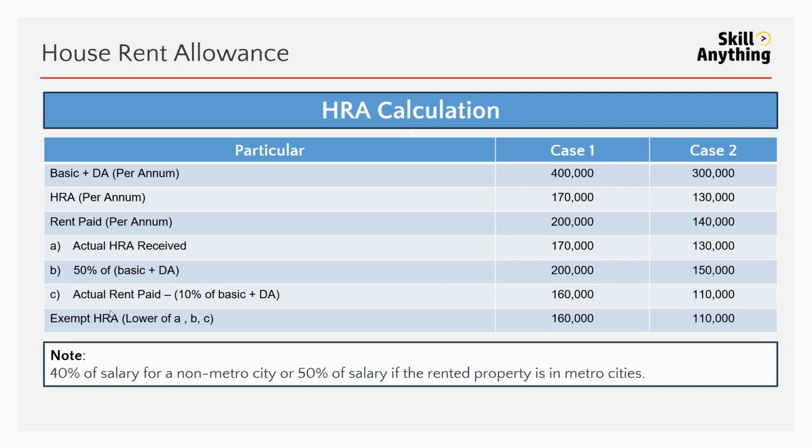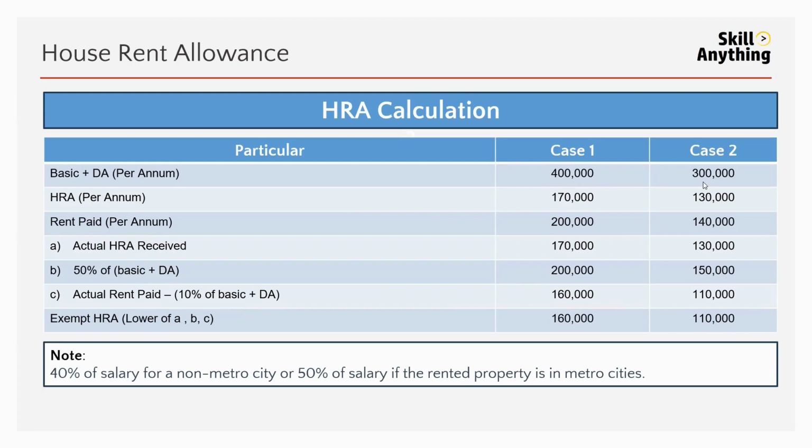Now, the third one is actual rent paid minus 10% of basic plus DA. Actual rent paid is 2 lakh in case 1, minus 10% of 4 lakh, which is 40,000. So 2 lakh minus 40,000 is 1,60,000.